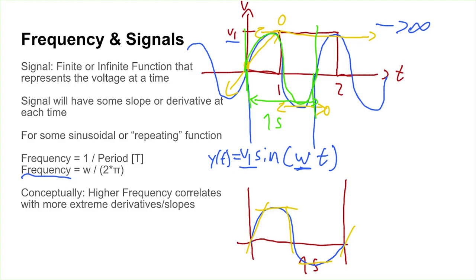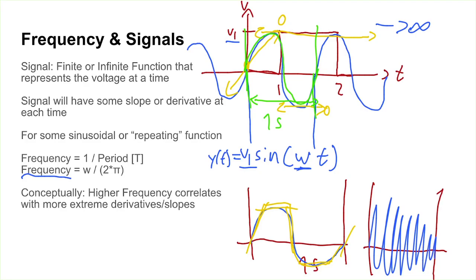You can almost call this like a box, right? But in that same 1 second, a signal with a higher frequency is going to look like this. And this is kind of hyperbole. But now you can notice, oh wow, the derivative is changing super often, more often, right?